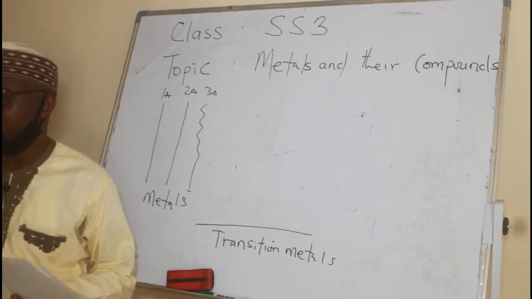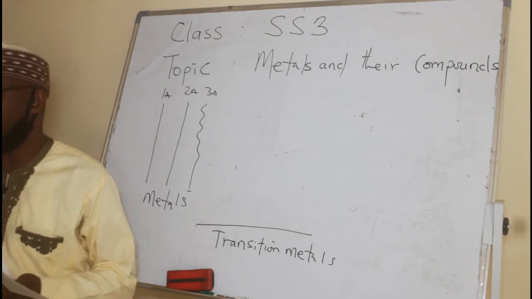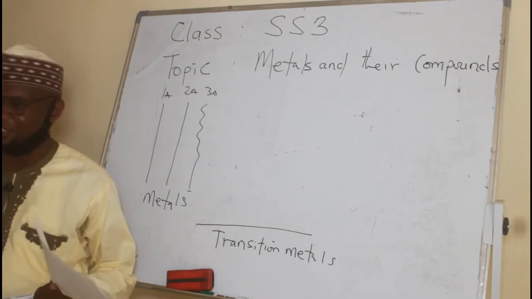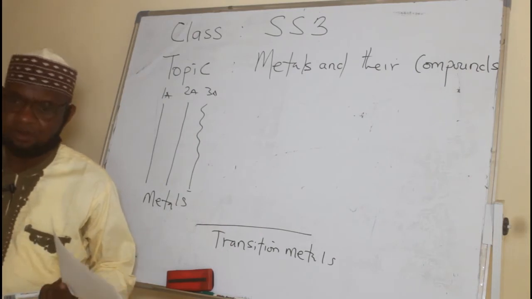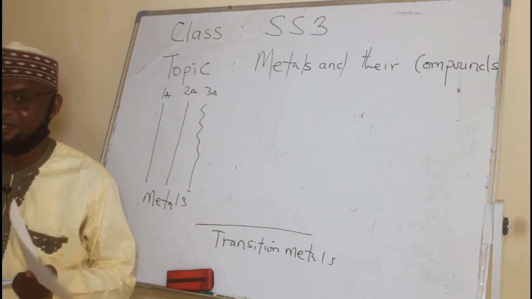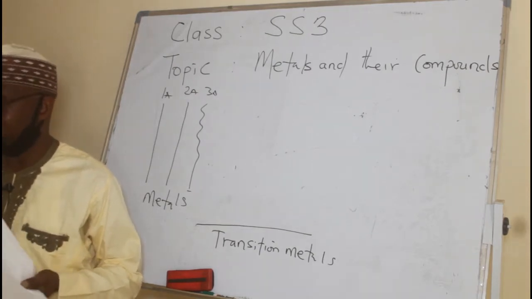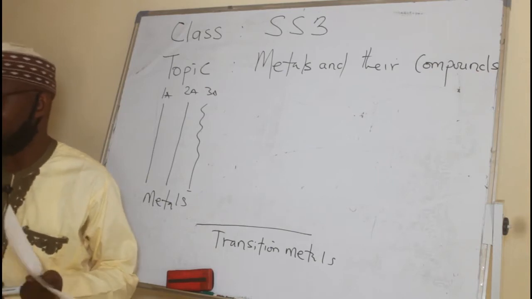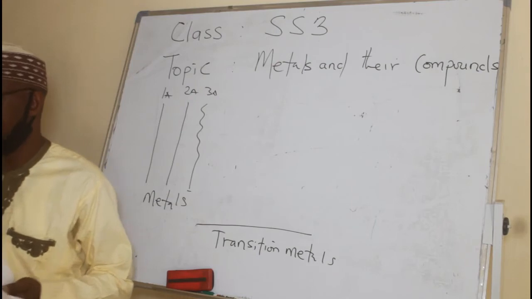Physically, some of them have a glamorous appearance. They have shiny looks, though it depends on the metal. Metals like gold and silver have attractive, glossy looks. And some metals like iron are still shiny, though you cannot compare them with valuable metals like gold and silver.